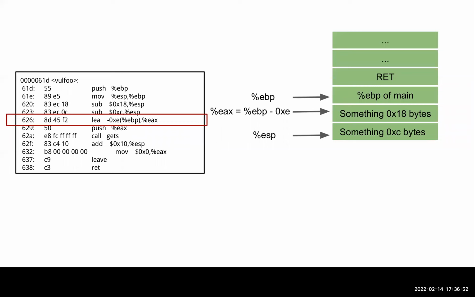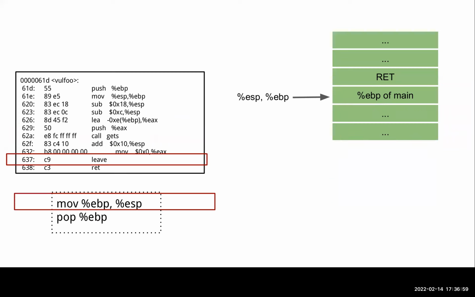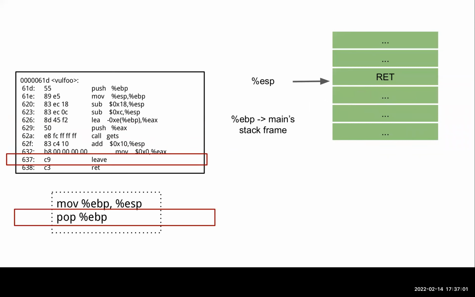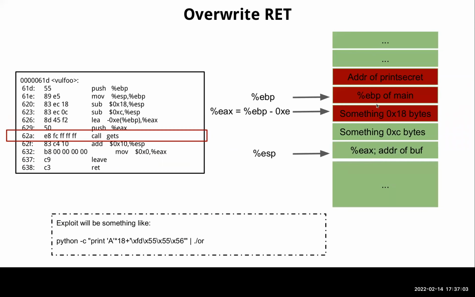So then we have another 4 bytes, so we need 18 bytes. Then we need the return address. Basically, we need 18 bytes here. Oh, no, this is wrong. Should be some 18 bytes. Yeah, this is correct. 18 bytes, then the address.